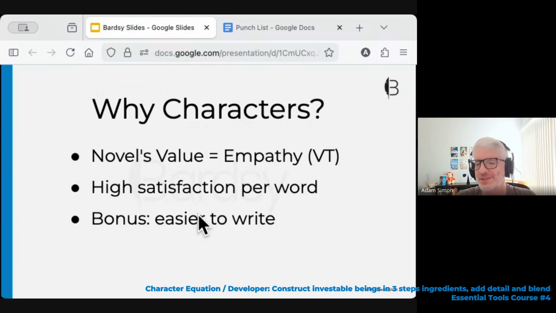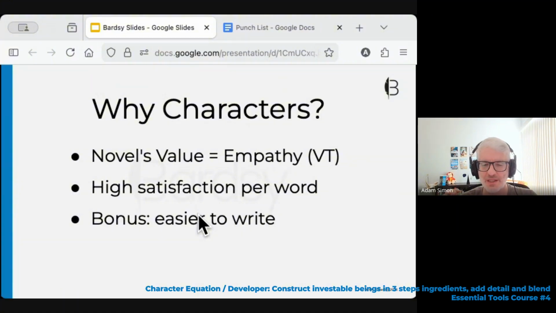Characters are important. It's a short way of saying that. Perhaps the signal feature of the novel is access to the character's internality. Then, if that's true, if you want to generate satisfaction and you're choosing what to spend your words on, the best bet is to put your words on character, on the character's lived choices, right?